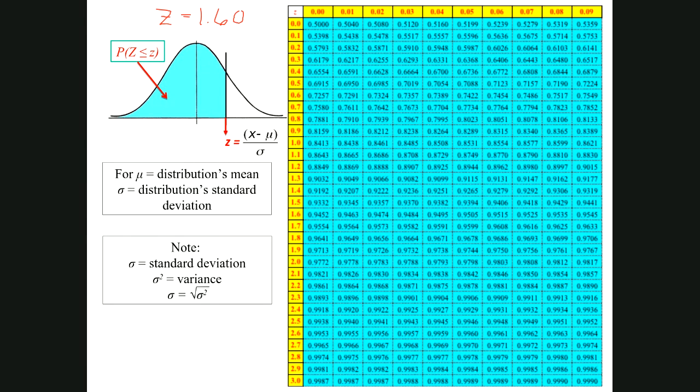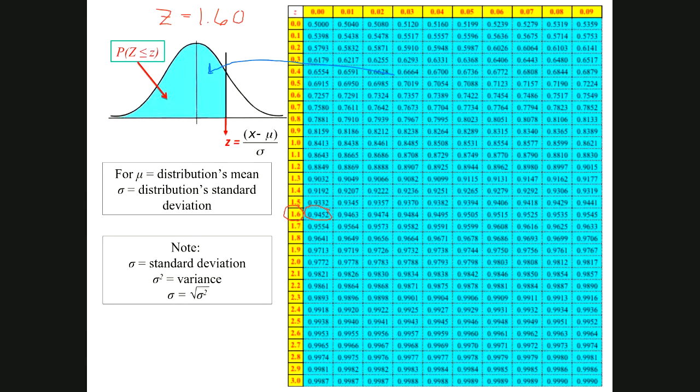But let's see, here we got 1.6, and it's 1.60. So this is 0.9452. Now, you need to remember that the table values, the blue area, correspond to everything that's below positive 1.60.